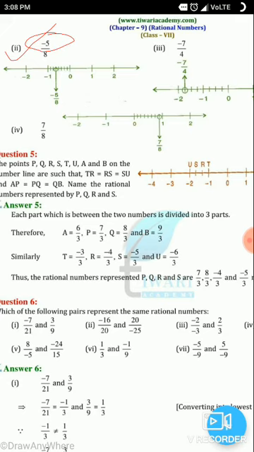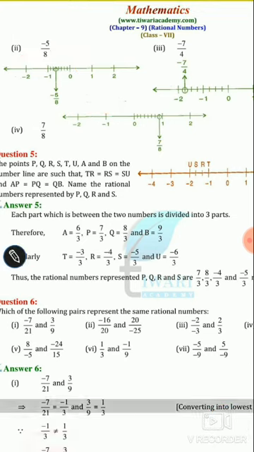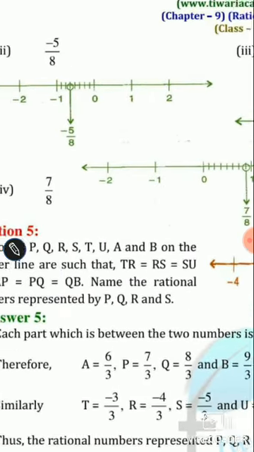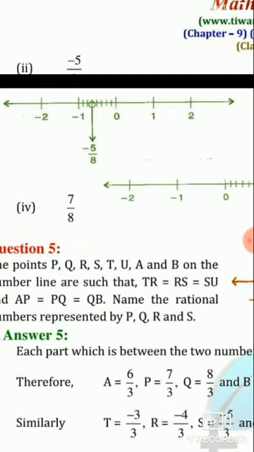Now see, this is a proper fraction, so it comes in between 0 and minus 1, right? Now see what is the denominator: 8, right? So we make 8 equal parts between 0 and minus 1, right? And counting from this direction, see, we calculate minus 5 like this way.